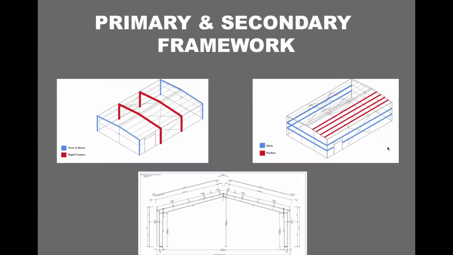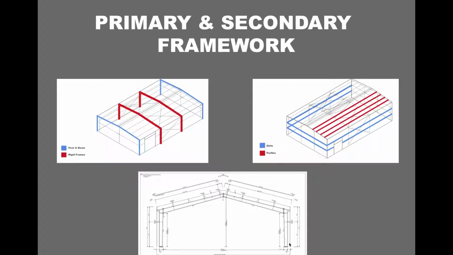You have your primary framework, which are your columns and your rafters. You'll generally see those as I-beams or red iron, something along those lines. And then running perpendicular and sitting on top or outside of your primary framework, you have what's called your secondary framework. These two combined really make up the skeleton of your building.